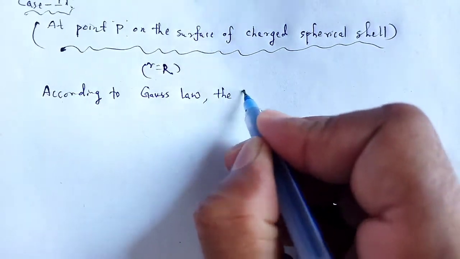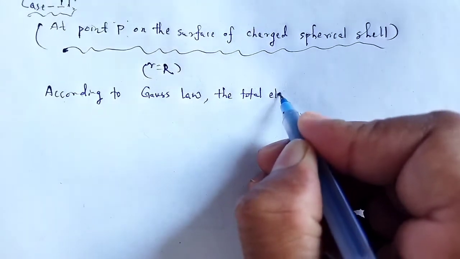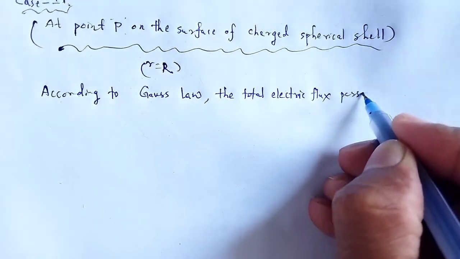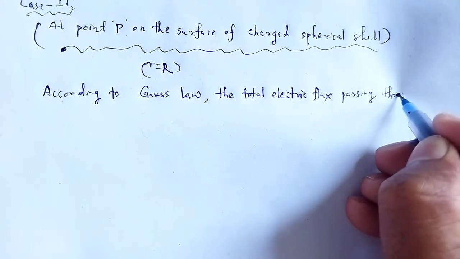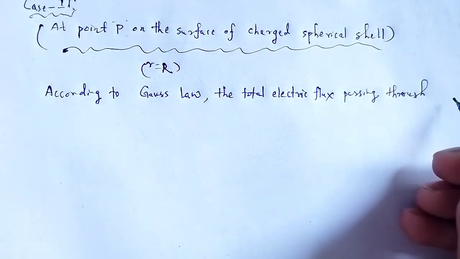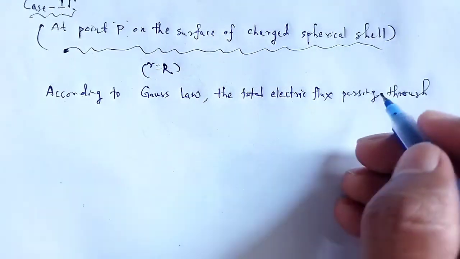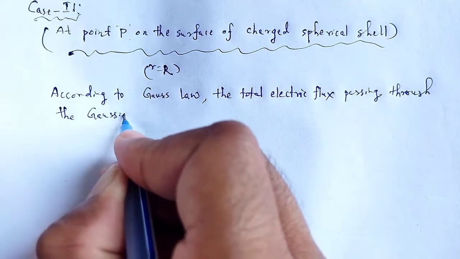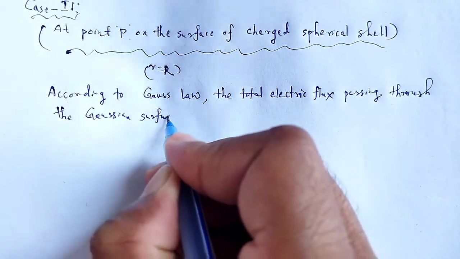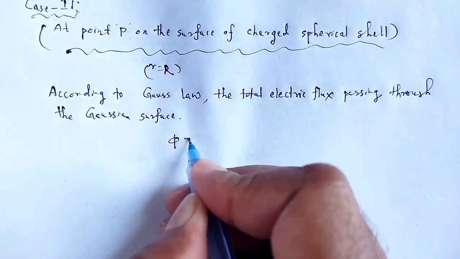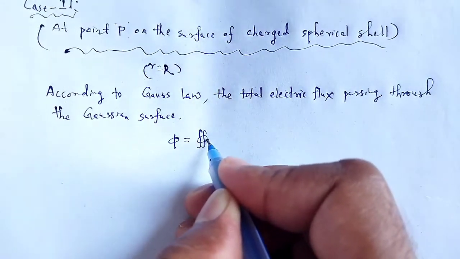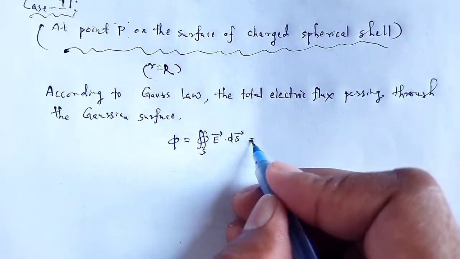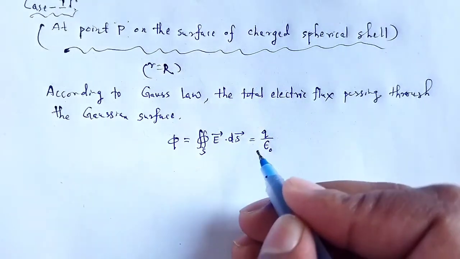the total electric flux passing through the Gaussian surface, that is phi, is equal to the closed surface integration over S of E dot ds, which is q divided by epsilon naught.